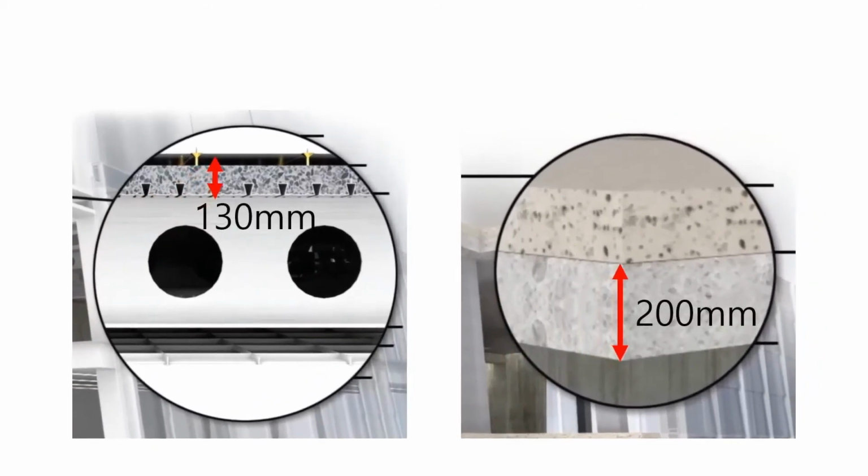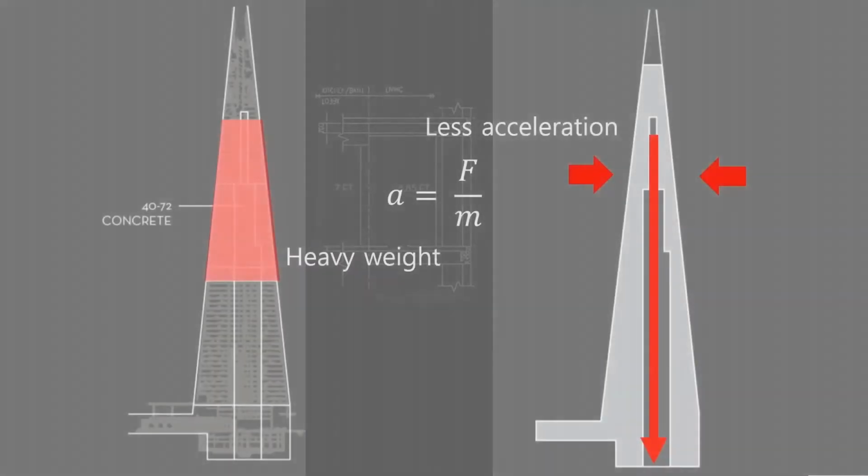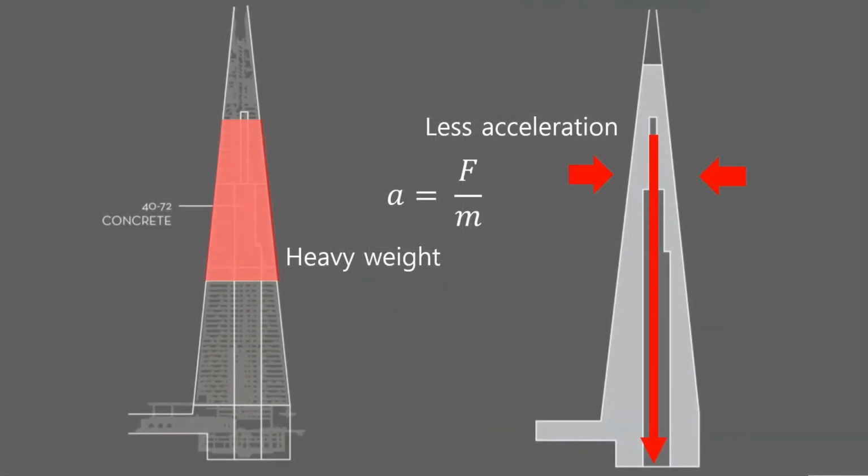Also, the concrete slab is thicker, so the sound insulation performance, which is very important to apartments, is better. And as we talked about previously, the concrete part provided damping to minimize lateral acceleration and thus reduce the swing of the building by wind.